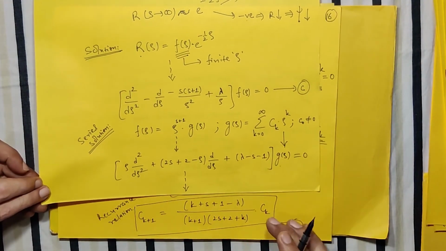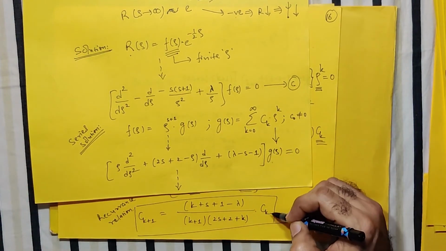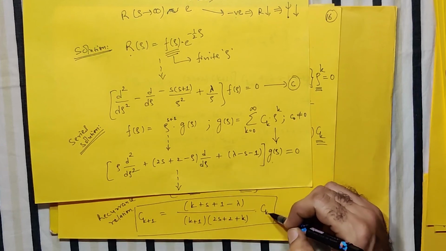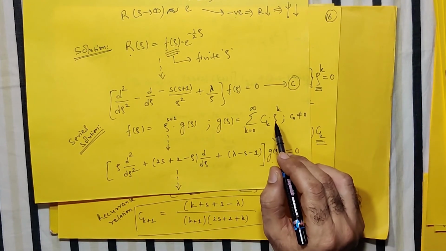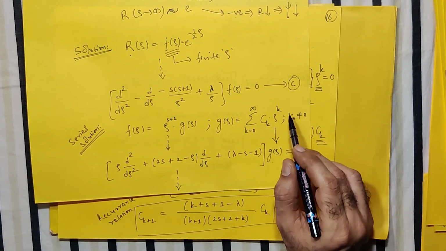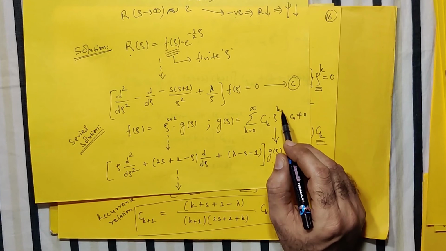So if I just take these two equations and look at them together, if I know C0, I know C1, C1 gives me C2. So basically I can generate this series in steps, starting with C0, then C1, and then C2, means your rho raised to 0, rho raised to 1, rho raised to 2, like that.